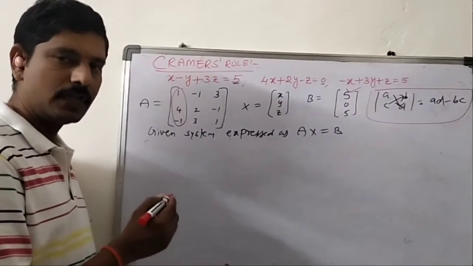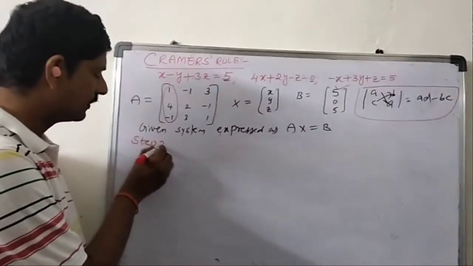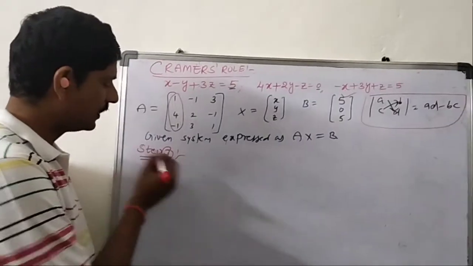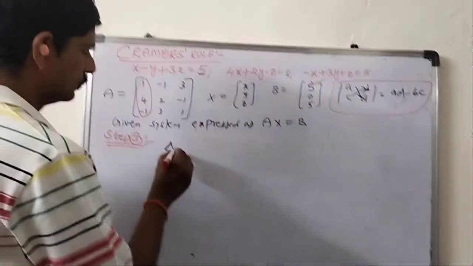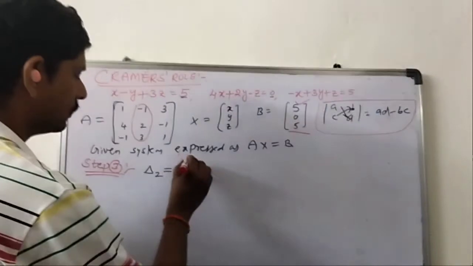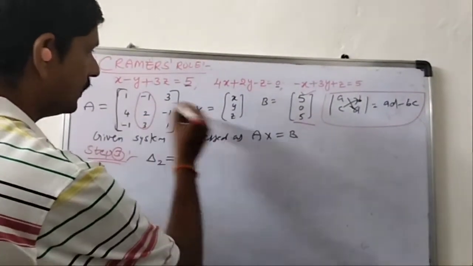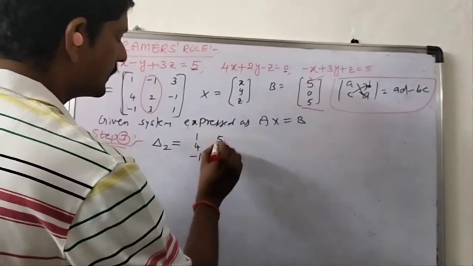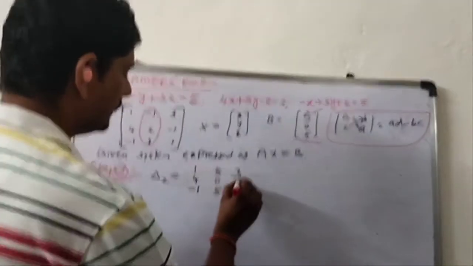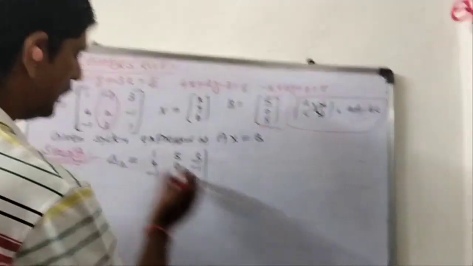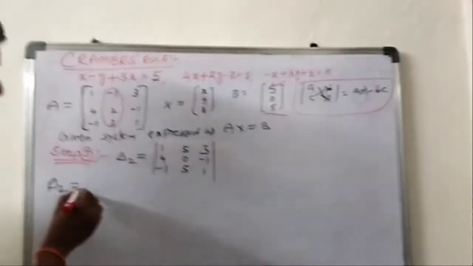Right students, we are coming to step 3. In step 3 we have to find delta 2. Finding delta 2, that is 1 4 minus 1, and replacing this column by this column 5 0 5, and 3 minus 1 1 remains the same. Okay students, already you know how to find the determinant.